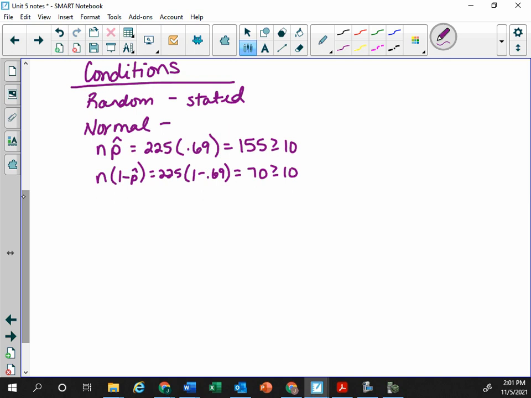So we want to make sure we write out that formula. We're not going to plug it into the formula, but we're going to state the formula. So your z formula for proportions is p hat minus p over the square root of p times 1 minus p all over n. But then we'll do the actual calculation on our calculator, okay?